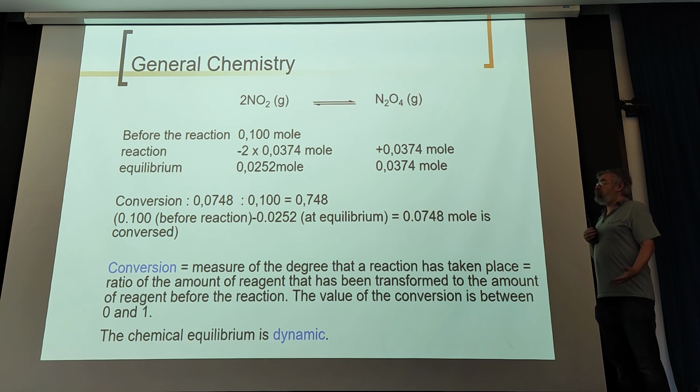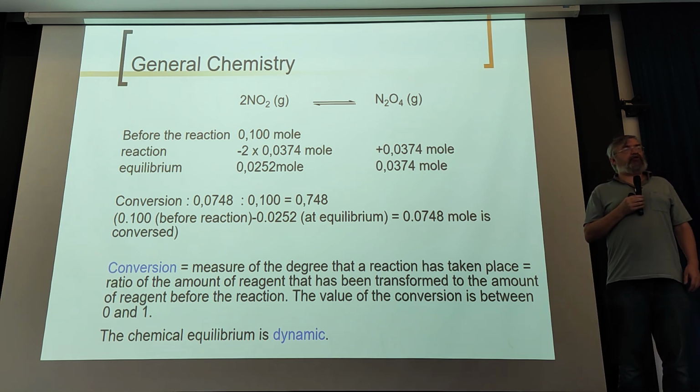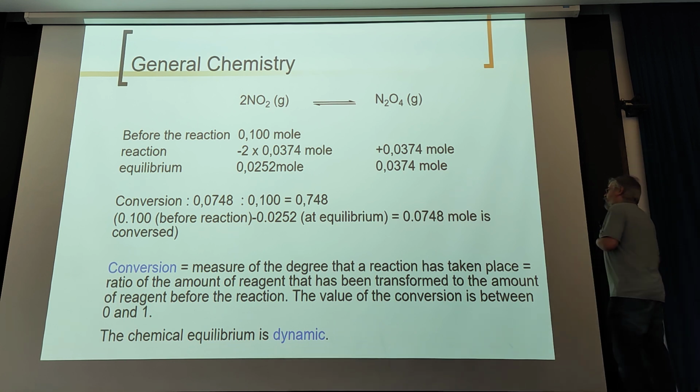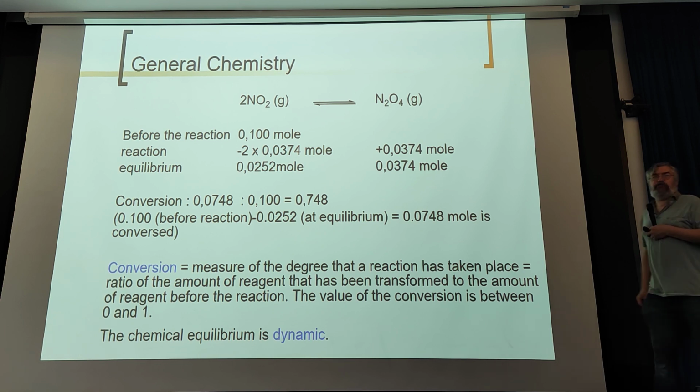Now, we clearly see that the conversion is not complete. It's interesting to have some kind of measure for conversion, like a degree of conversion. And well, it can be seen that 2 times 37.4 millimole is converted, so that's actually 74.8 millimole of the original 100 millimole that are converted.